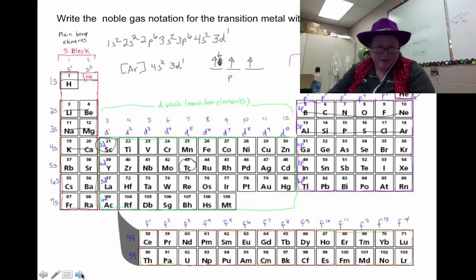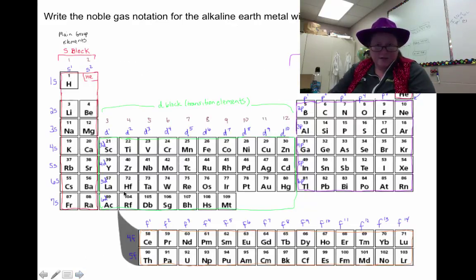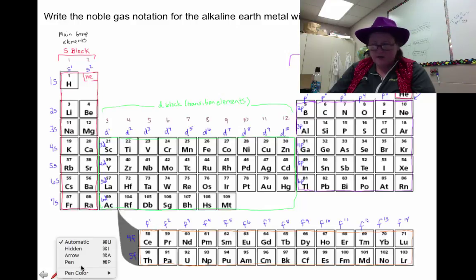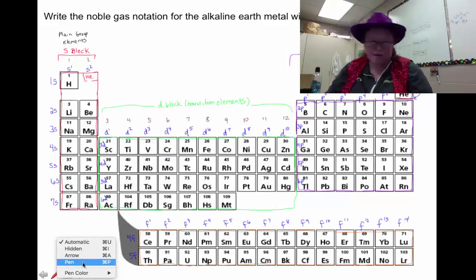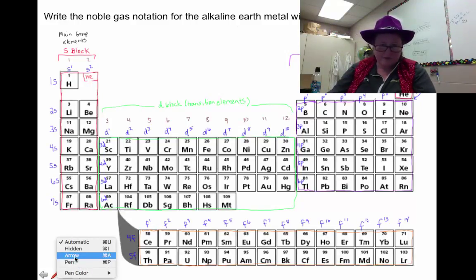Alright, let's see what the next slide says. It says, write the noble gas notation for the alkaline earth metal with the largest atomic mass. If you look at your periodic table that we did at the beginning of the year, you know that this group right here is the alkaline earth metals. The one with the largest mass is radium.